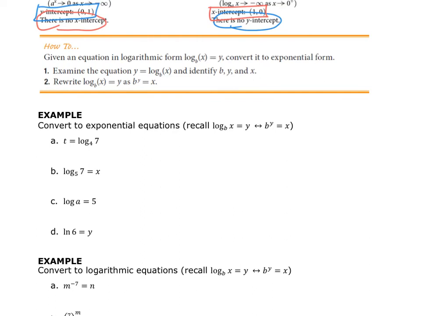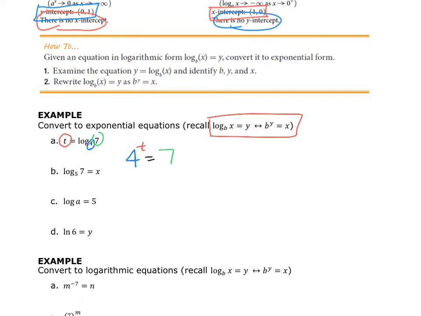If I'm asked to convert these into exponential and logarithmic form and back again, I use this definition. Remember, this is the base, this is the exponent, and this is the answer. So that means I have 4 raised to the t is equal to 7, and that's what it looks like as an exponential.